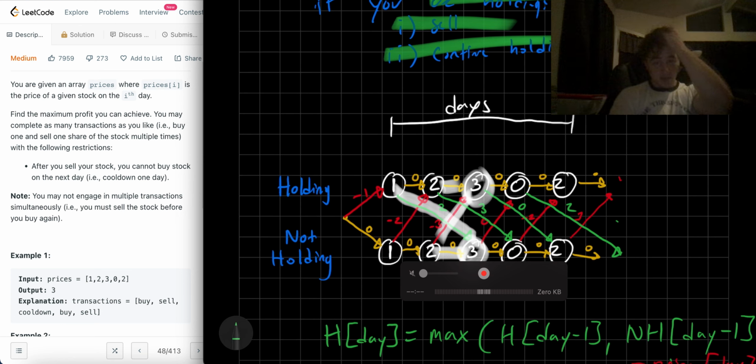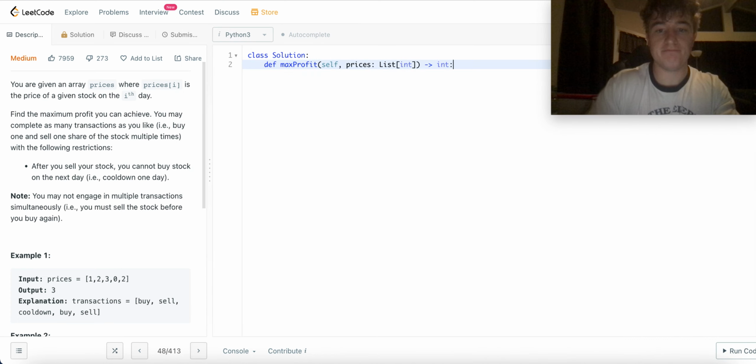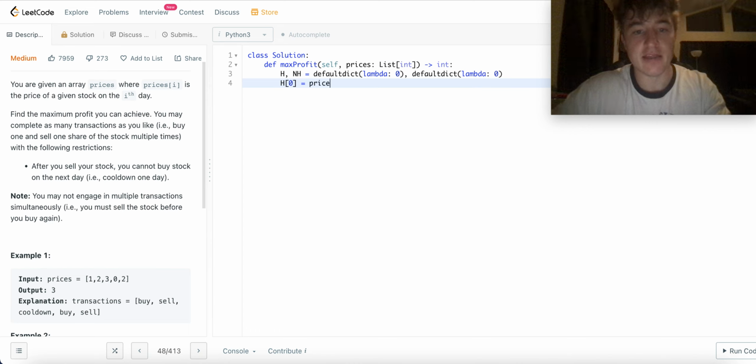Okay. And with that, let's go ahead and try to start drawing out the solution. So we'll say holding and not holding, we'll just create them as default dicts. All right. And then we'll say holding at day 0, you would get the value.